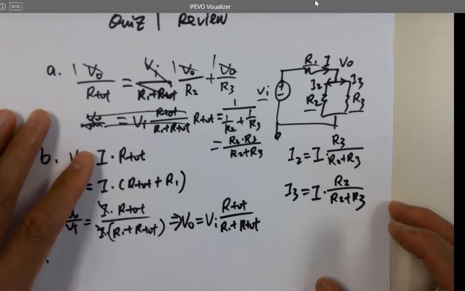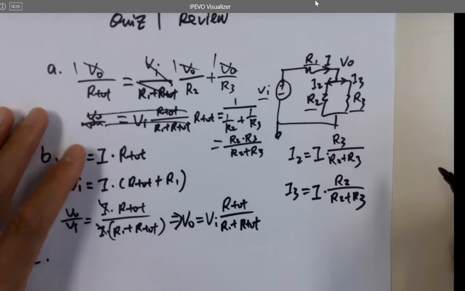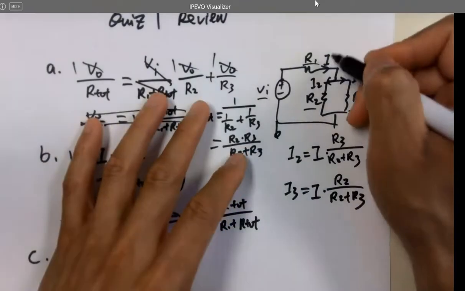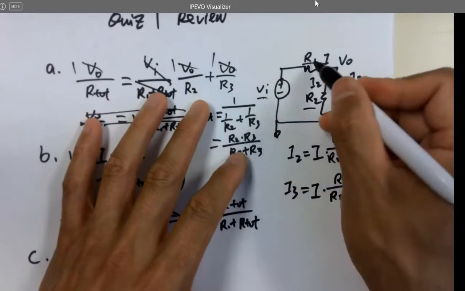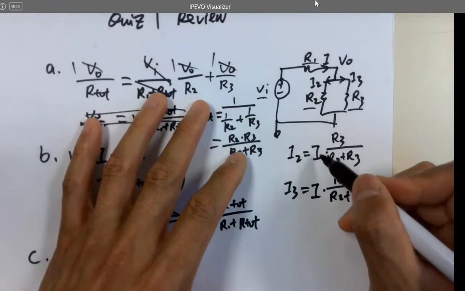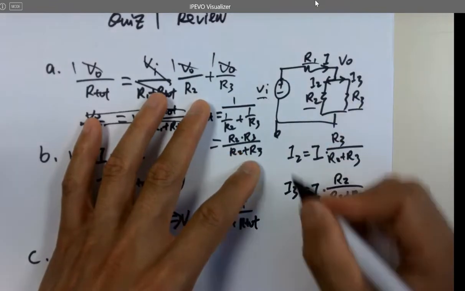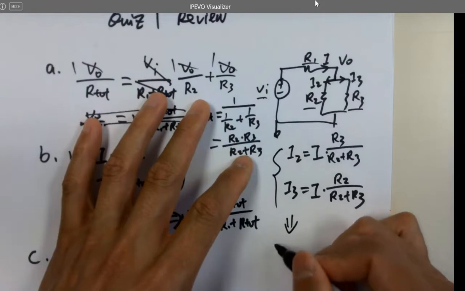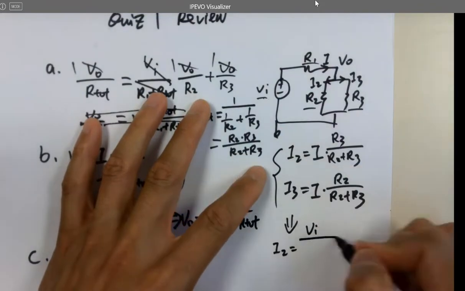Okay. So what is I? Since I'm asking you to use only VI, R1, R2, R3, right? You can just replace I with VI divided by something. So in that case, I2 equals I, which is VI over what?